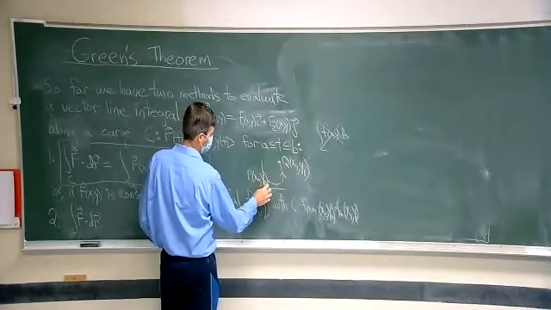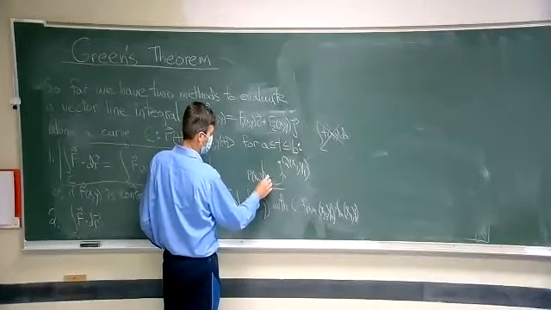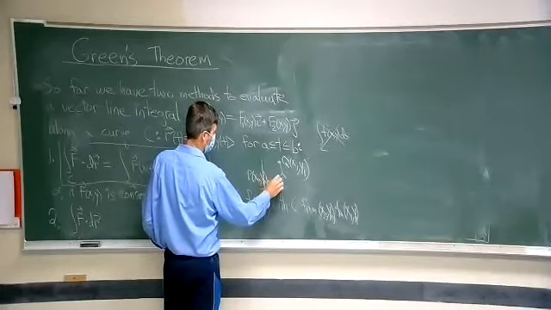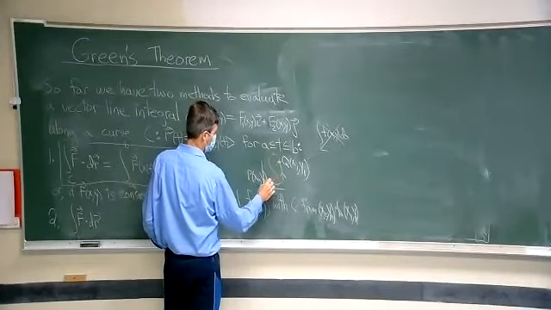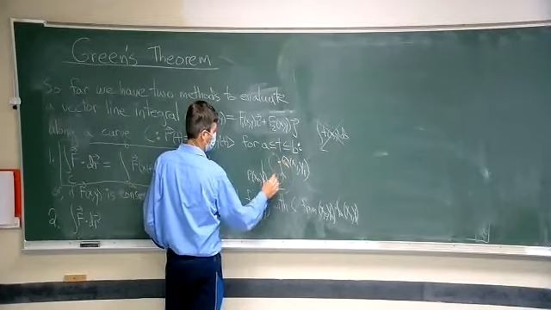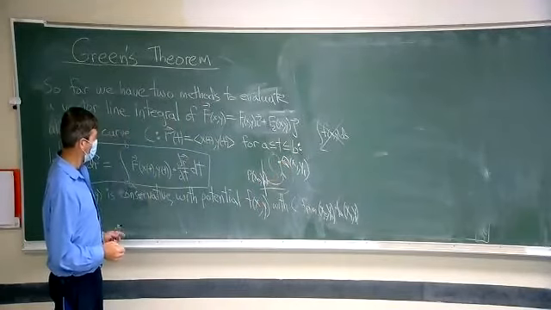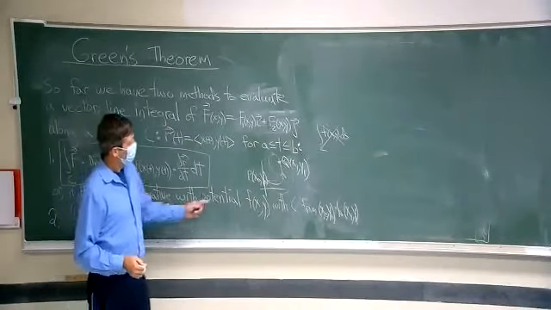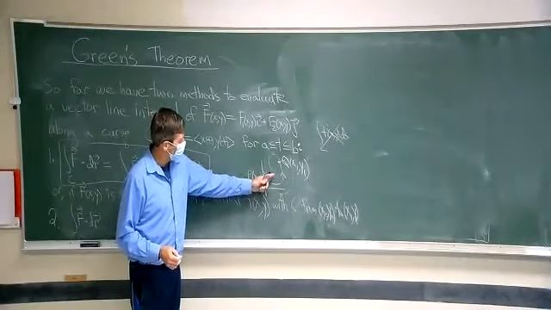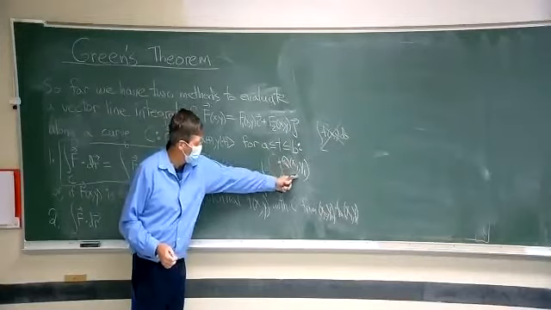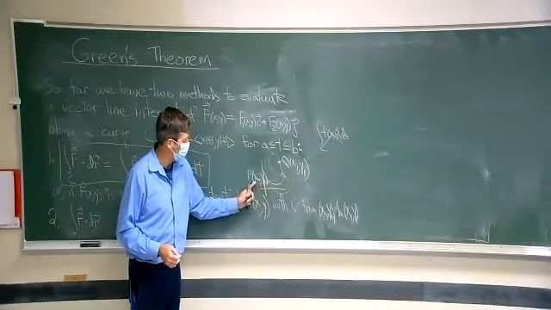You can take this path as shown, or some other path. It doesn't matter which path you take. We say it's path independent. For a conservative force, your work is just the potential at the end point, x1, y1, minus the potential at the beginning point, x0, y0.